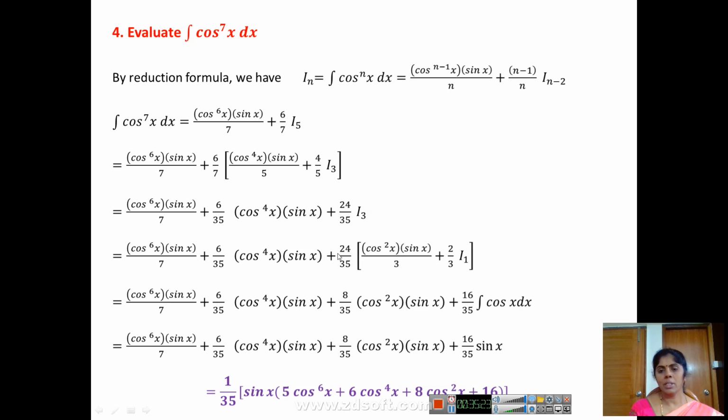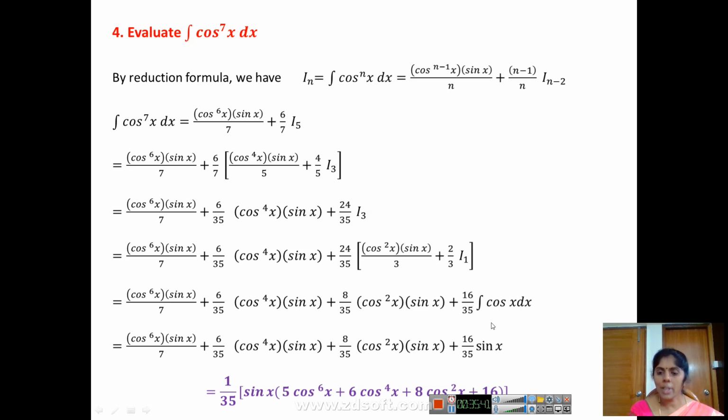Here 3 ones are 3, 3 eights are 8, so 8 by 35 cos square of x into sin of x, plus, after simplification, we get 16 by 35 into the integral of cos x dx, because here I1 is nothing but the integral of cos x dx.